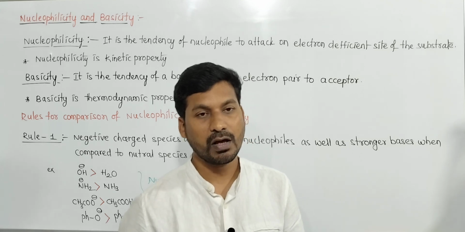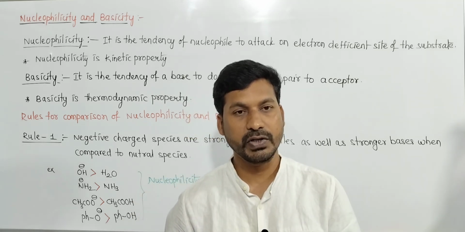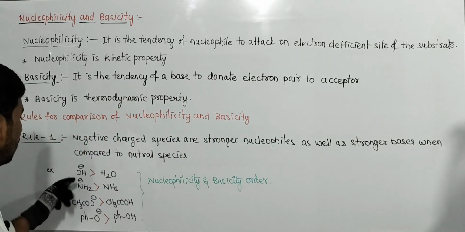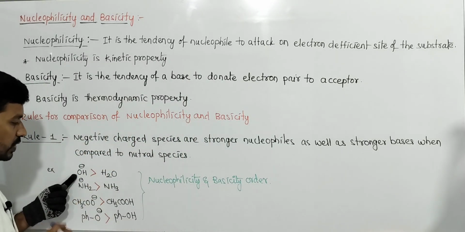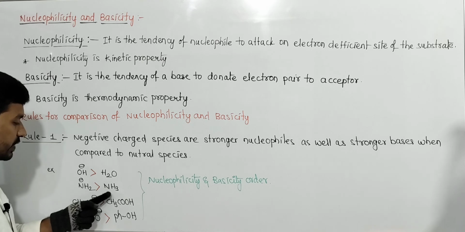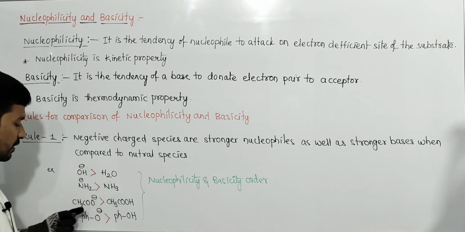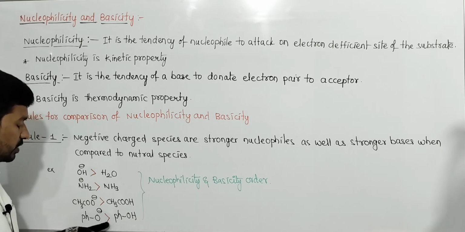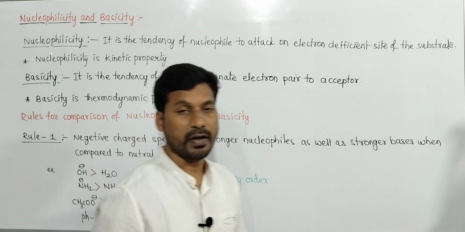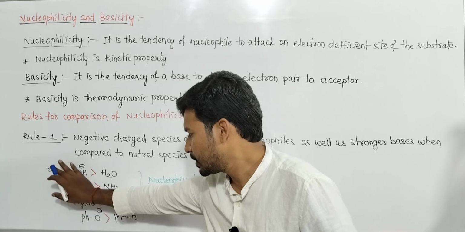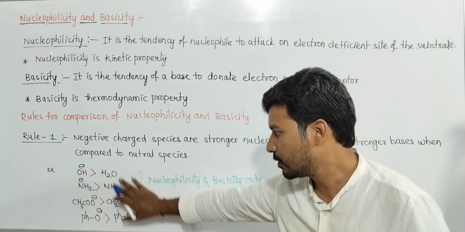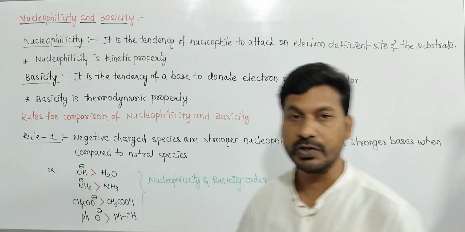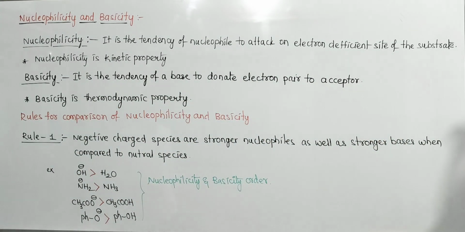See here, OH minus is a stronger nucleophile compared to water, NH2 minus is stronger compared to ammonia, acetate ion is stronger compared to acetic acid, and phenoxide ion is stronger compared to phenol. Thus, negative charged species are stronger nucleophiles than their corresponding neutral species. This is the order of nucleophilicity. Take this one.